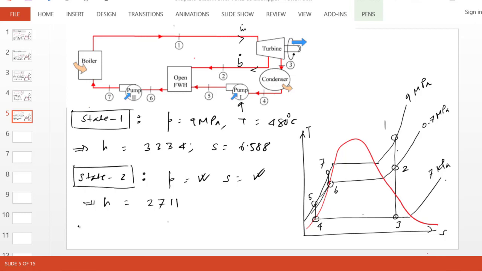Okay, we carry on like that. So state 3 similarly, actually state 3 also we know pressure and we know entropy, so in a very similar way we figure out enthalpy for state 3 to be 2046.